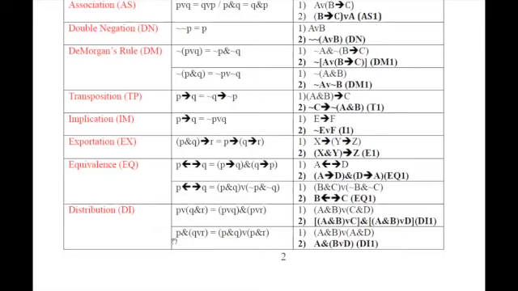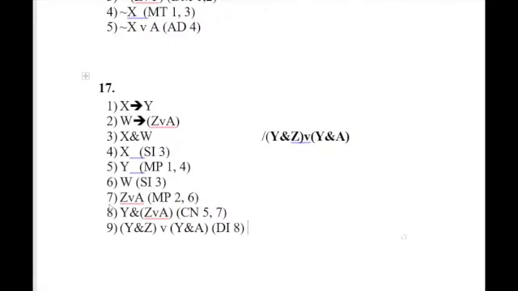If we're starting out with the premise that we're working from, 8, Y and Z or A, and we want to use distribution, we're saying here that Y is P, Z is Q, and A is R. So when we generate our new line, we have to make sure that the values we have set for each variable remain consistent.